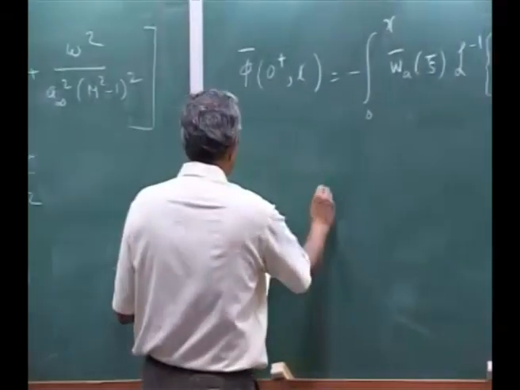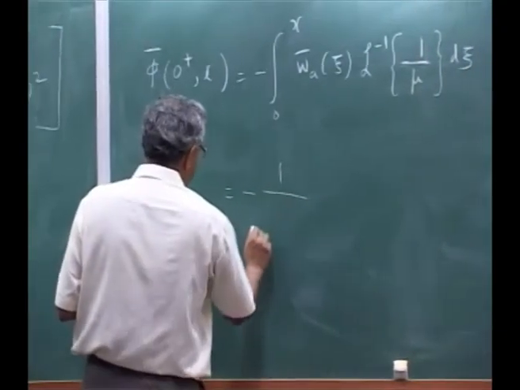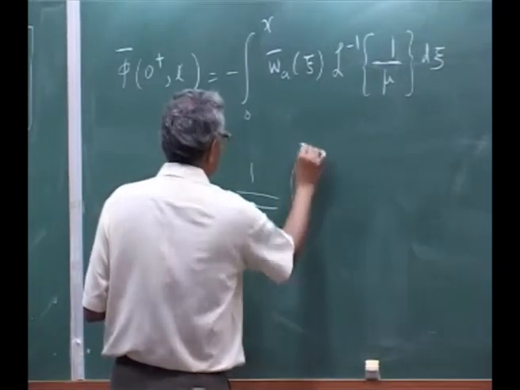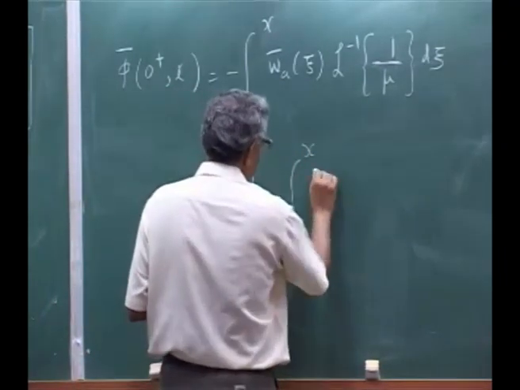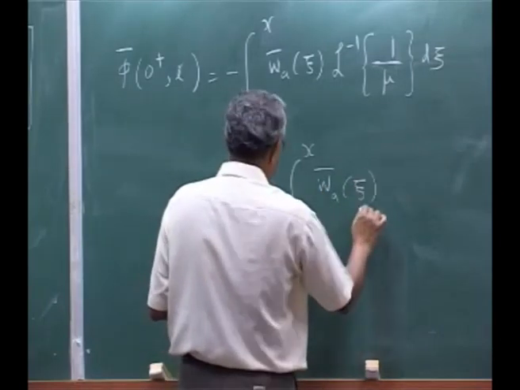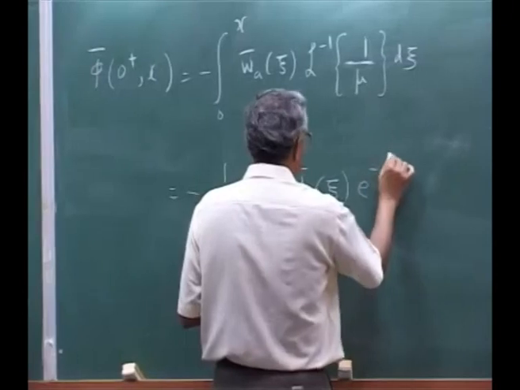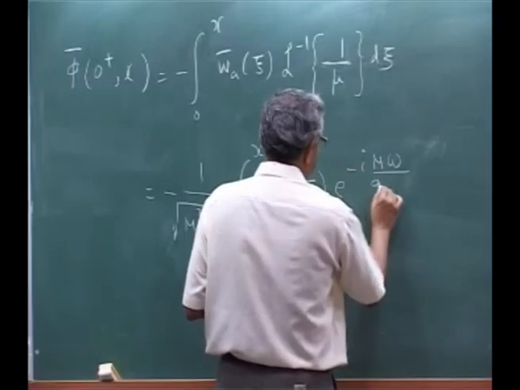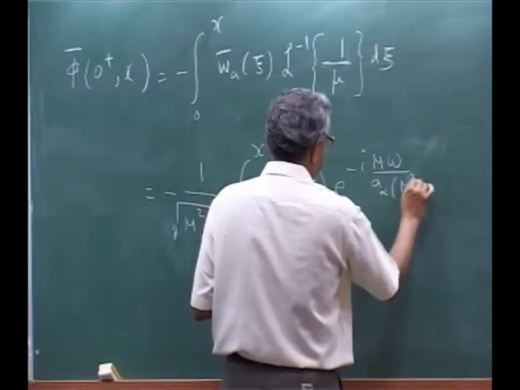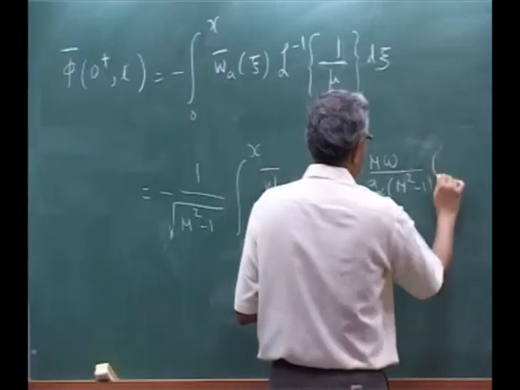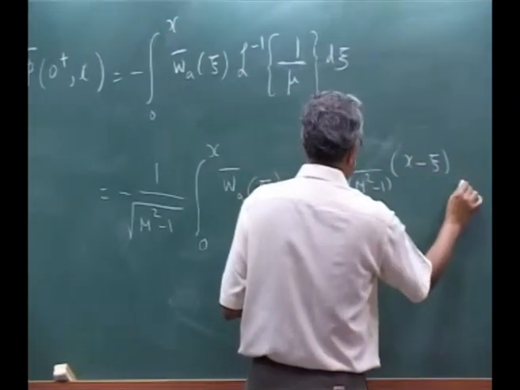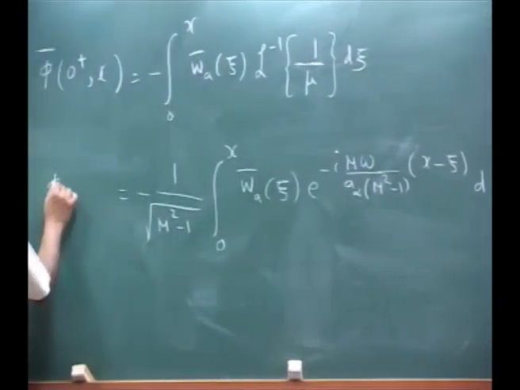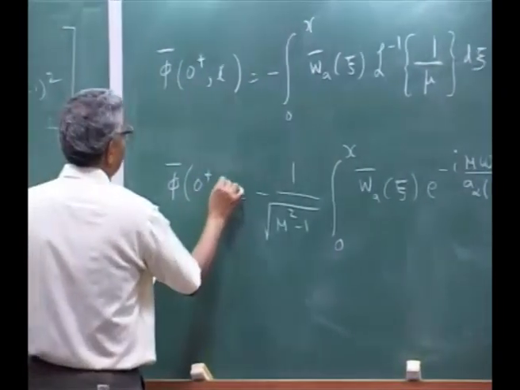So I am writing directly the answer: 1 by root of m square minus 1, integral 0 to x, w bar a psi e power minus I m omega over a infinity m square minus 1 into x minus psi d psi. That's all. This is my phi bar at 0 plus comma x.